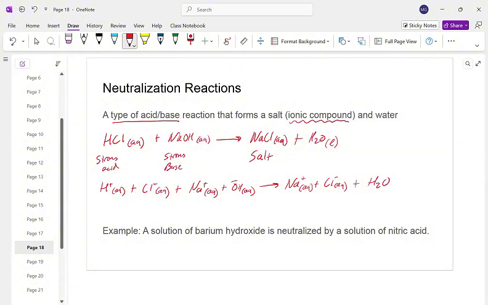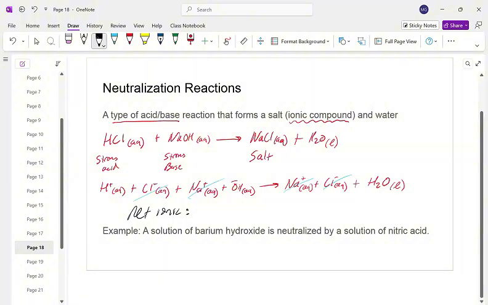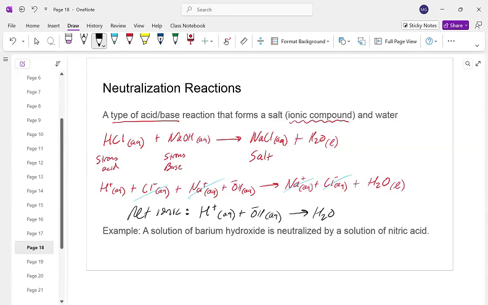But the water, since that is not aqueous, that is in the liquid form, we will not break that apart. And then let's just start canceling some things out. So chloride's on both sides, sodium's on both sides. And now when we draw whatever is left, our net ionic equation is just H plus and OH minus makes water.